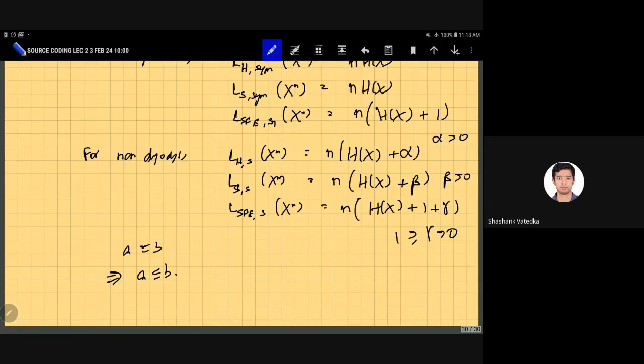It is not strictly less than; I never said that. 10 is equal to 10, but 10 is obviously less than or equal to 10.